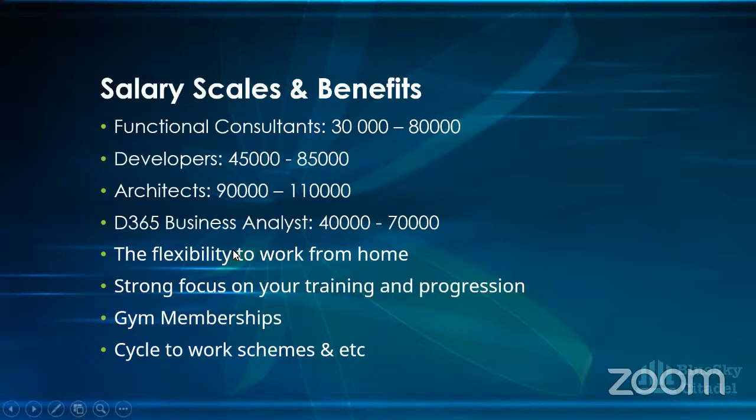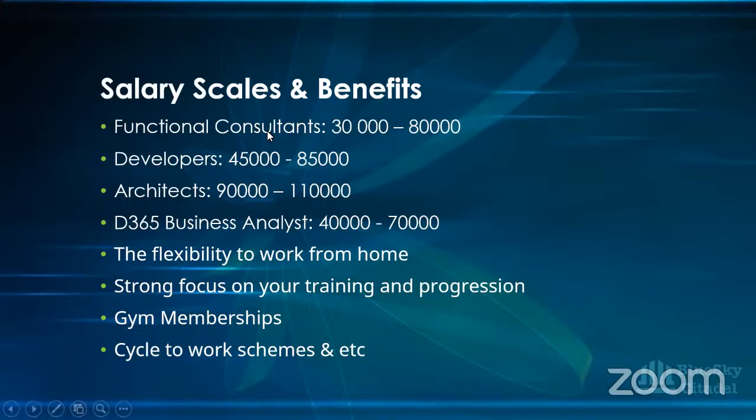And if we go on to salary scales and benefits, and I know we've got people from different geographical locations, but the examples that I'm using here are based on the UK market. So the figures that I've got on there, if you could look at them in pound form.